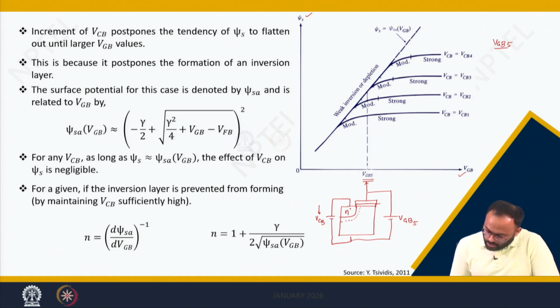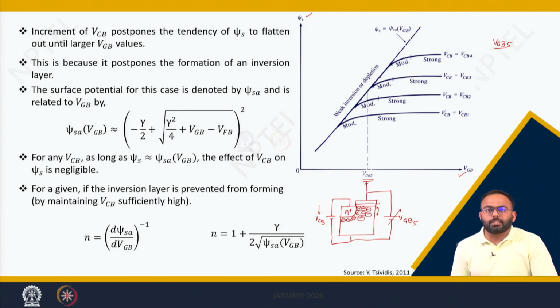When you fix VCB, there will be a depletion region formed at the N plus P junction because of the fixed VCB. Now you increase VGB, and when you increase VGB, the surface potential rises. Because of this surface potential, a depletion region starts to form.